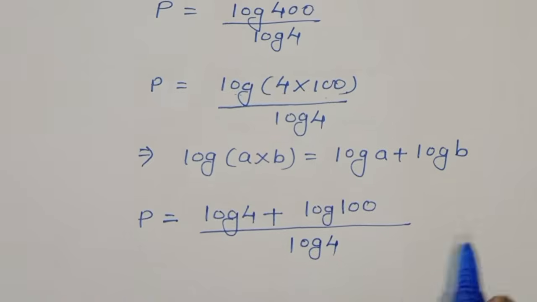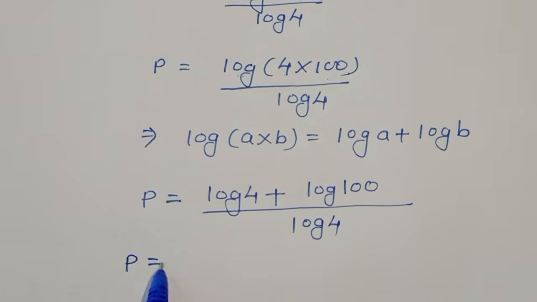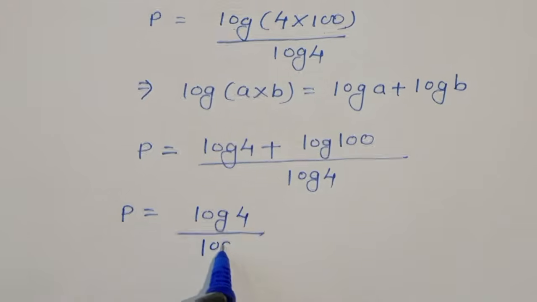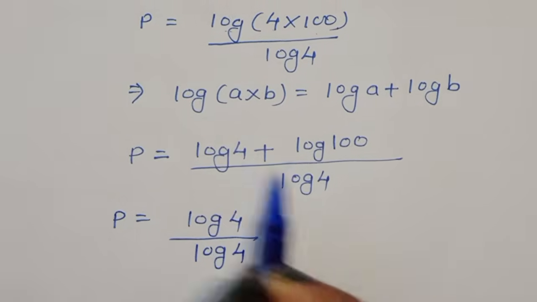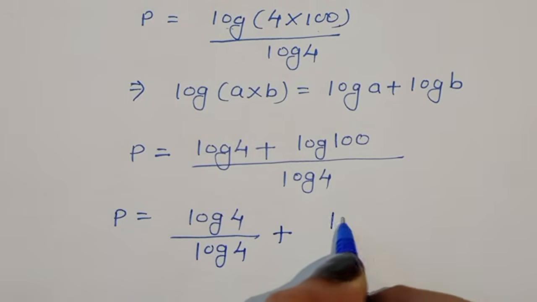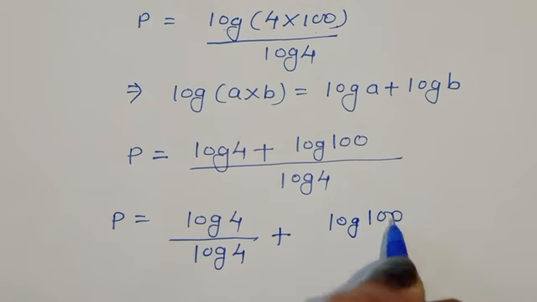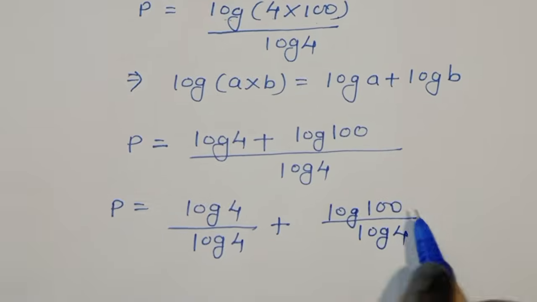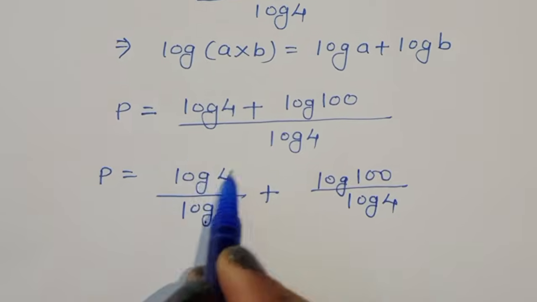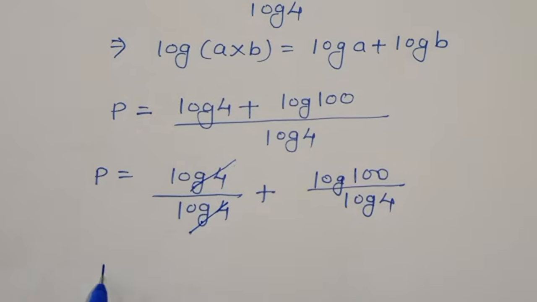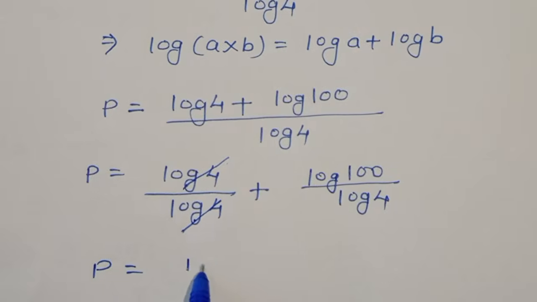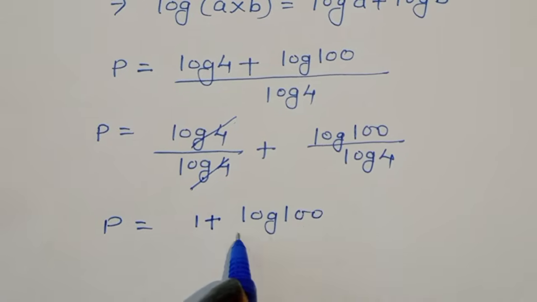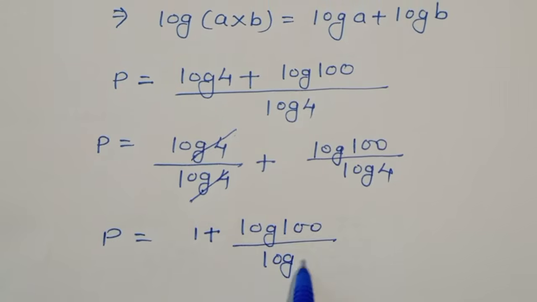Now we are separating the terms: log of 4 divided by log of 4, plus log of 100 divided by log of 4. Log of 4 divided by log of 4 cancels, so p is equal to 1 plus log of 100 divided by log of 4.